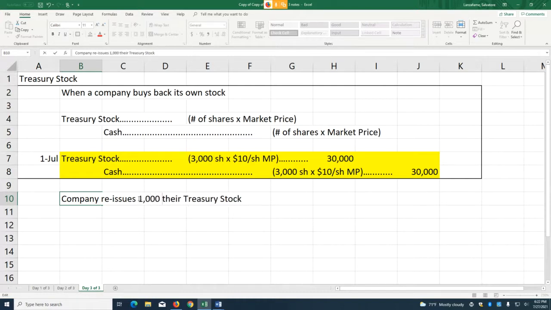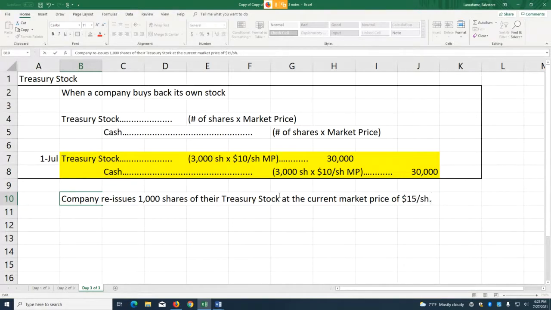So they don't want to get rid of all of their treasury stock yet. The company reissues 1,000 shares of their treasury stock at the current market price of, let's say, $15 a share.